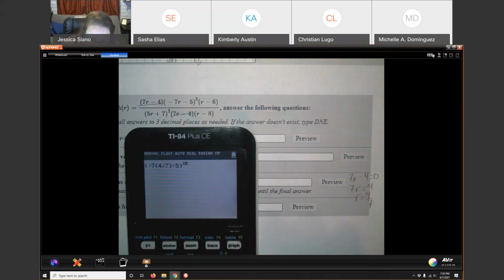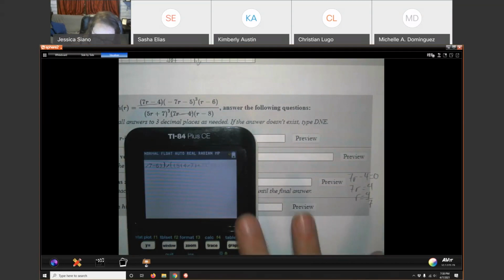So -7 times 4/7 minus 5. Oop, I forgot a very critical part here. I need an extra set of parentheses in front because the numerator has to have its own parentheses and the denominator has to have its own parentheses. So times 4/7 minus 6. And then the big parentheses closes out the numerator. 5 times 4/7, 7 to the third, 4/7.